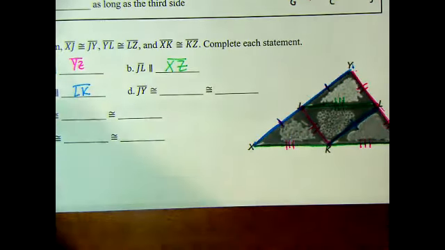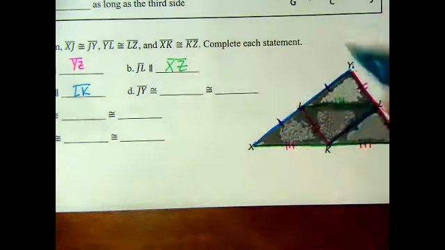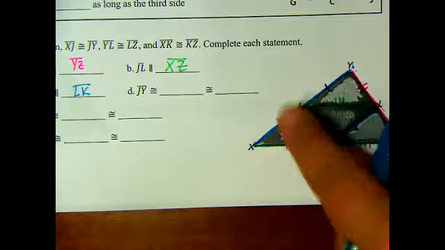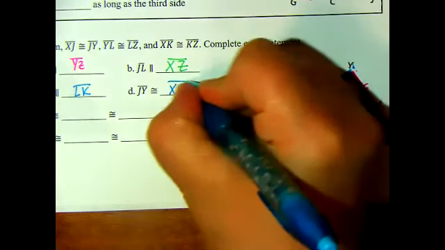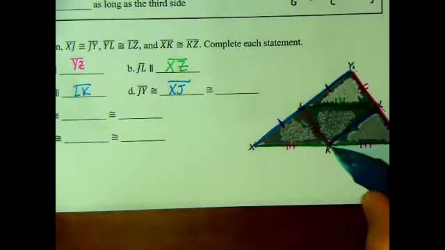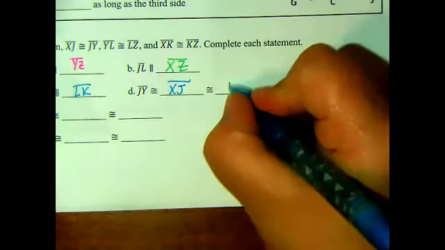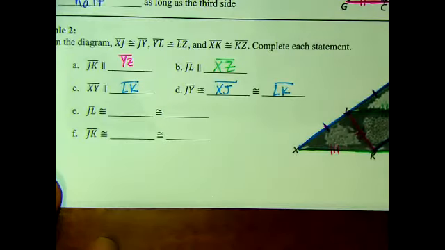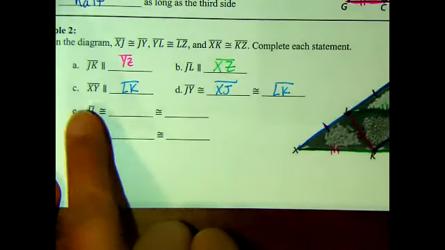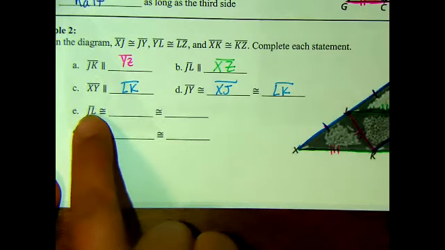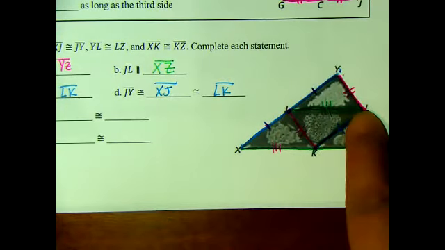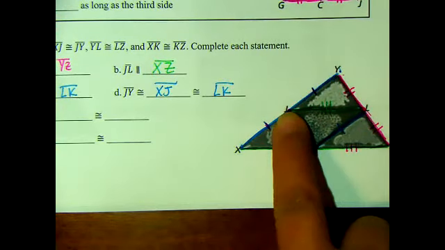Well, JY is congruent to XJ and LK, or KL. JL, let's take a look at JL now. JL is right here. It's J to L. Well, they're giving us the midsegment.